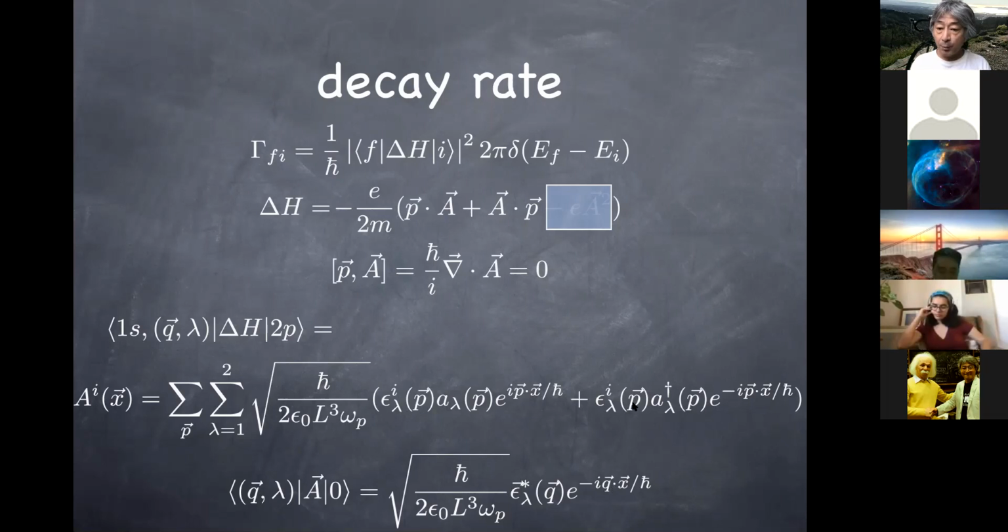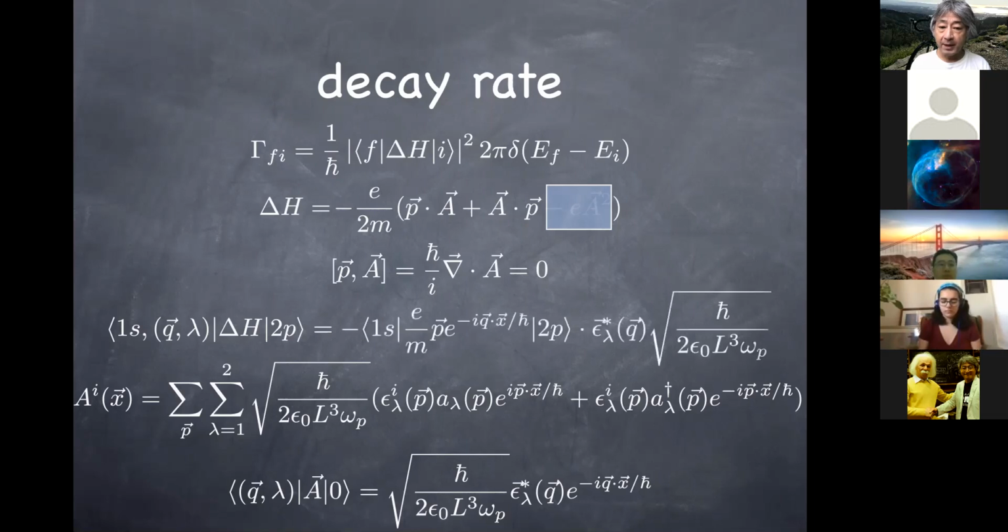Okay, so now that we know how to compute the matrix element of this vector potential between the zero photon state and the one photon state, which is just given by this combination, I just keep the rest, namely e, p over m, between the 2p and 1s states. And that's this thing over here.